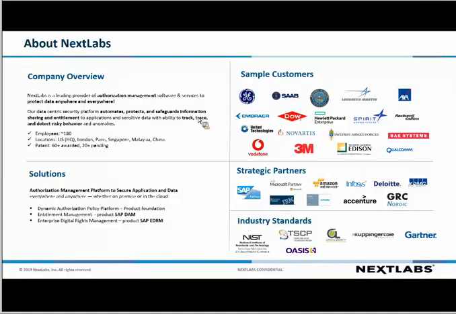We've built a strong ecosystem of partners that range from SAP, Microsoft, and Amazon, all the way up to the large global systems integrators like Deloitte, Accenture, and Infosys. We've also partnered with organizations like NIST that help establish the standards for technologies like dynamic authorization and attribute-based access control, which John is going to touch on. So this deep expertise is reflected in our patent portfolio, where we've got over 60 awarded and another 30 or so pending.